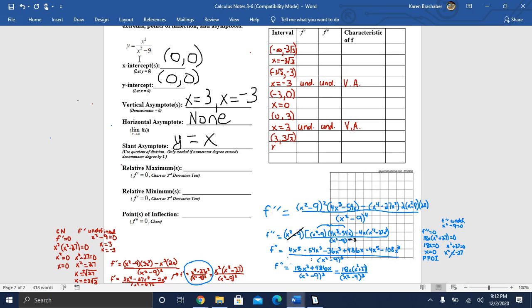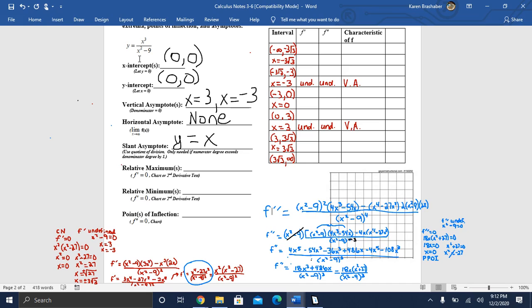We'll look at what's happening at x equals 3 square root 3. Again, that was a critical number from your first derivative. And finally, from 3 square root 3 onto infinity. So those are the established intervals that we have based on the possible points of inflection, the critical numbers, and the vertical asymptotes. That's how you establish the intervals.